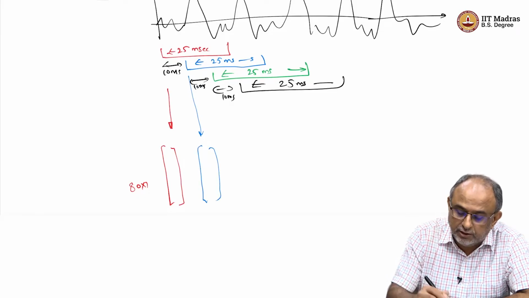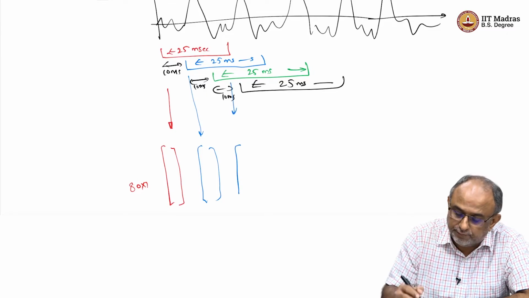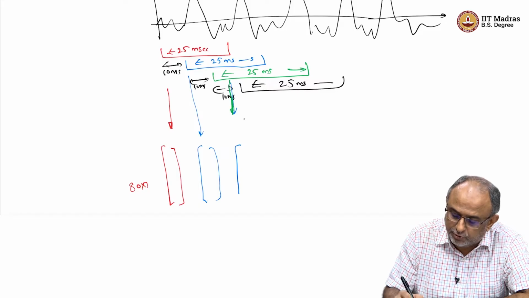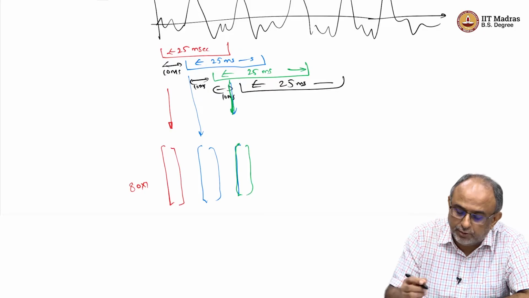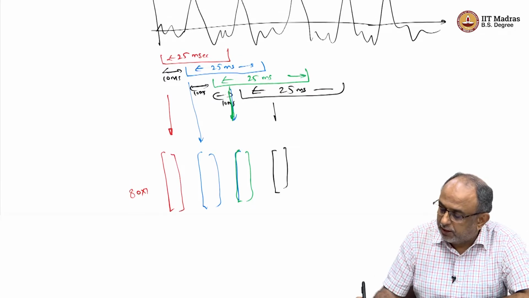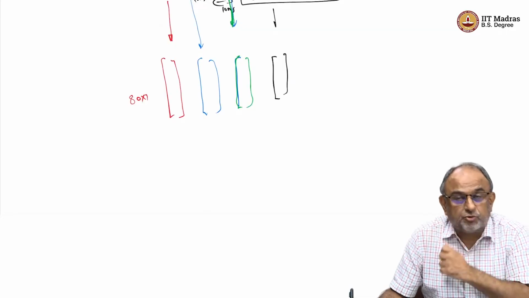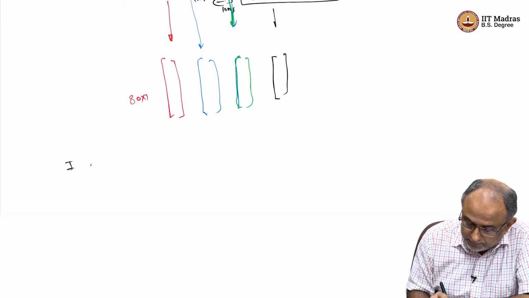The green one will produce another vector, then the black one will produce another vector, and so on. So I get 80 cross 1 vectors every 10 milliseconds.